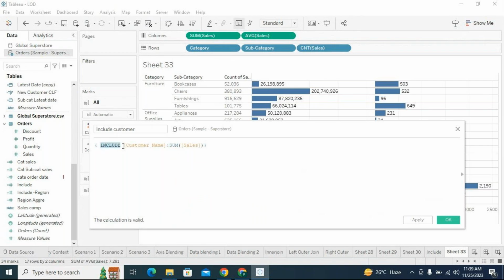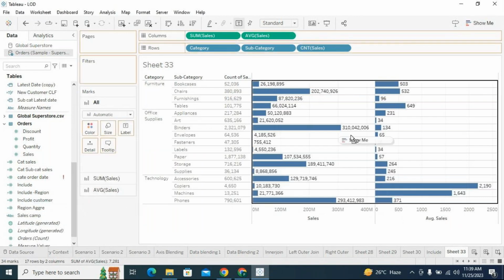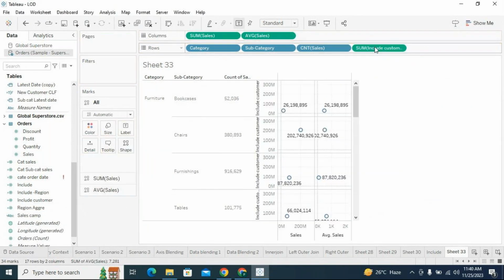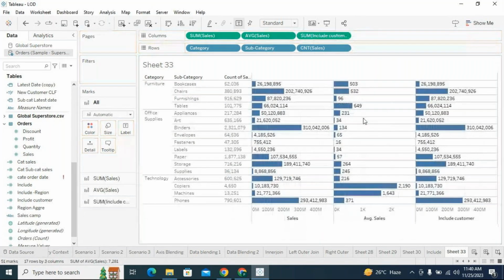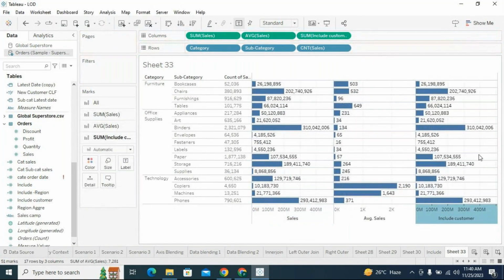Include works to include a measure aggregation of the dimension into the report level dimensions. Here the measure aggregation is at a customer level. This gets included into the report level dimension. In the report level we are using subcategory, obviously it gets included into the report level dimensions. That is the reason sum of sales and include customer sales will return the same output.